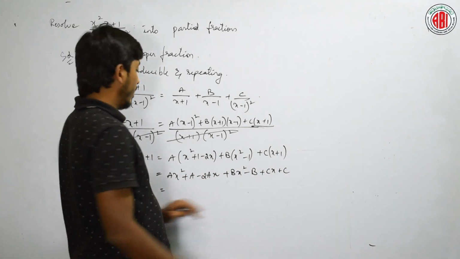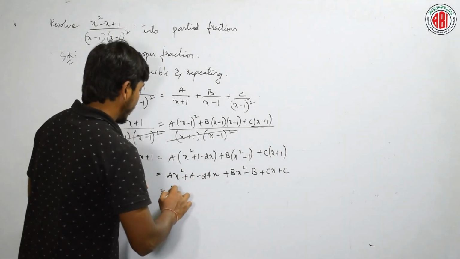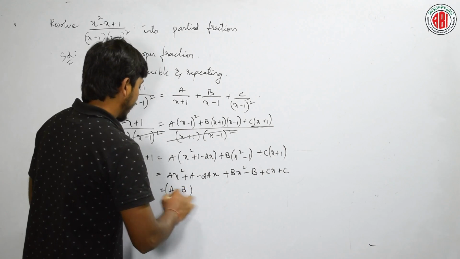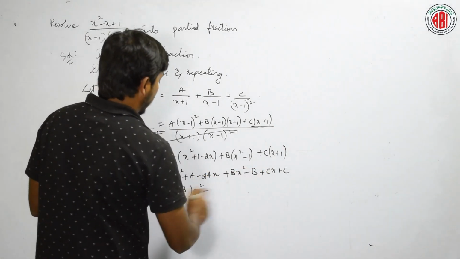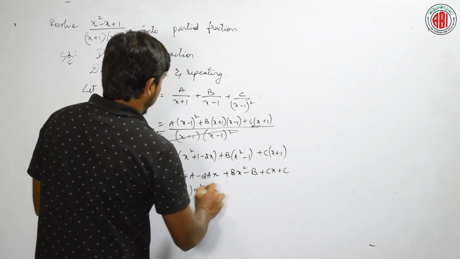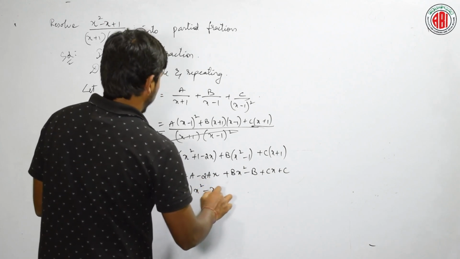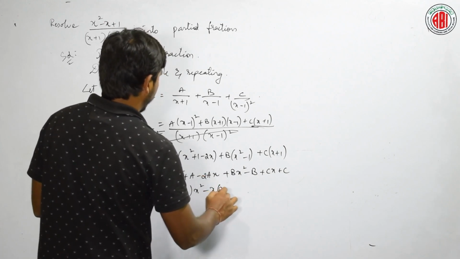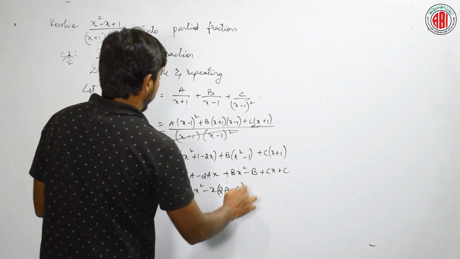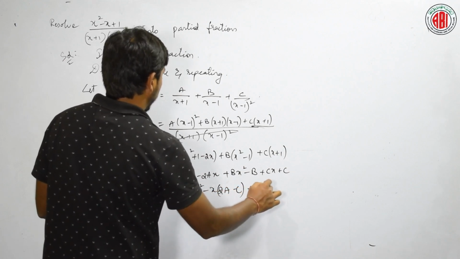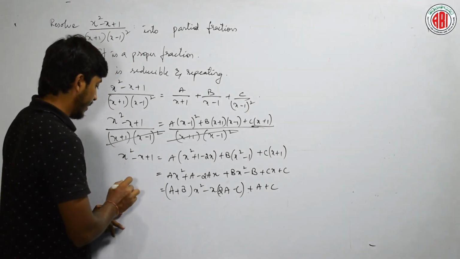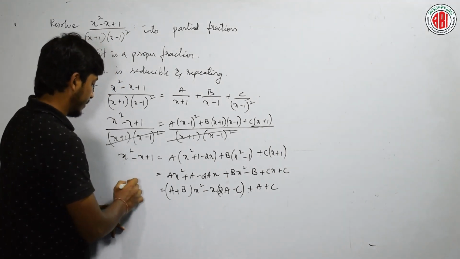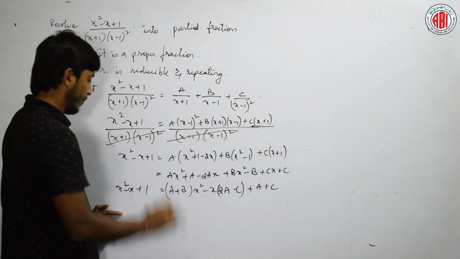Is it clear? Now, let us take x square as common, (a plus b) into x square, and x common, if I take minus x as common, I will be left with (2a minus c), plus (a minus b plus c). Here it is x square minus x plus 1.